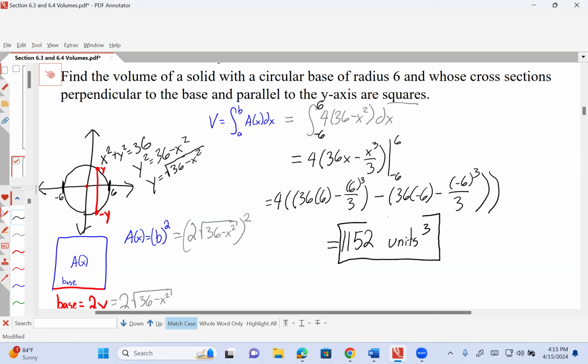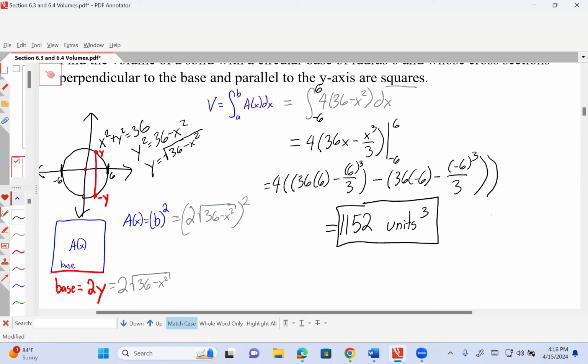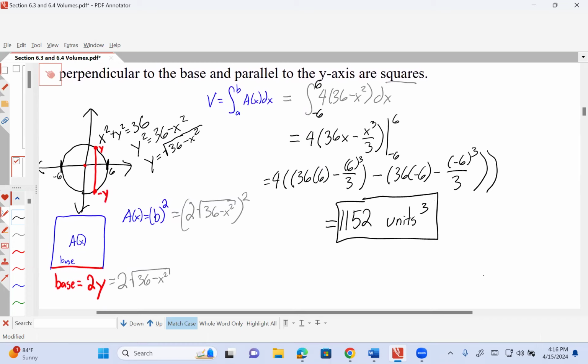There is the volume if we have a solid with circular base, radius 6, cross sections perpendicular to the base and parallel to the y-axis being squares.